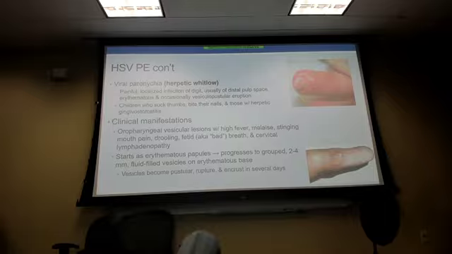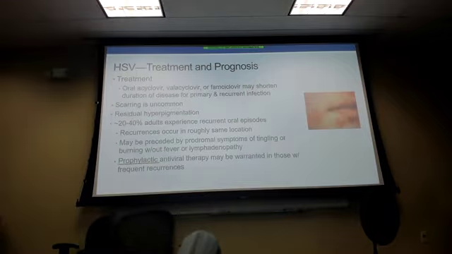Another thing you might see is very foul breath and some cervical lymphadenopathy in addition to this cutaneous manifestation. Your treatment, we've already hit that, the cyclovirs, acyclovir or valacyclovir.